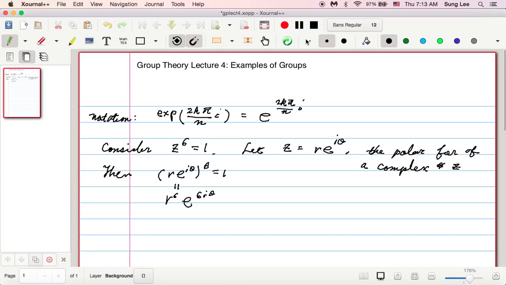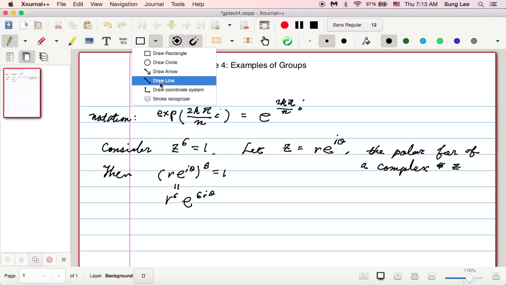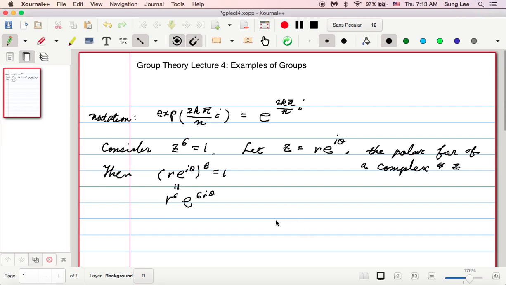I might actually give you a little more explanation, in case you are not very familiar with complex numbers. Let's say this is complex number z.